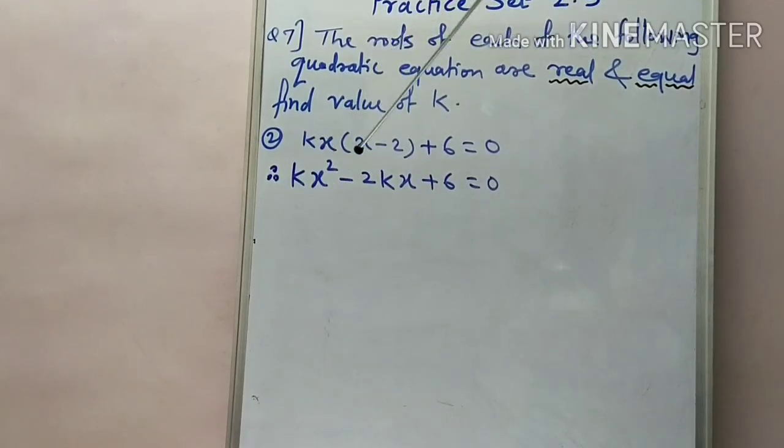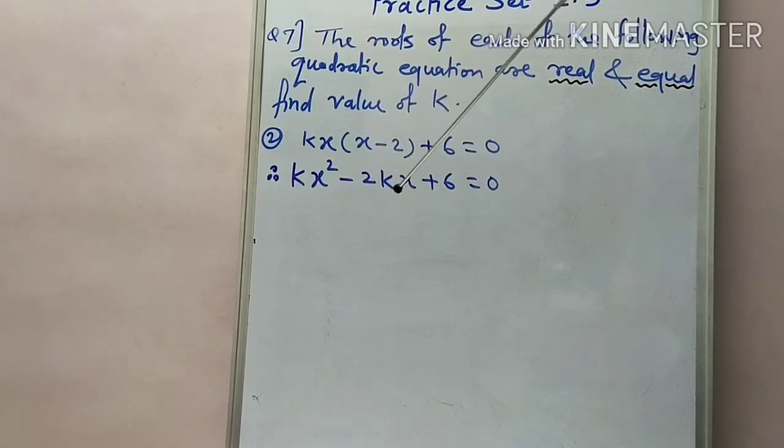As we open the bracket and multiply kx with each term, we get kx into x, kx square, minus, as it is, 2 into kx, plus 6 equal to 0. It means that k is here at both the position of A and the position of B also.